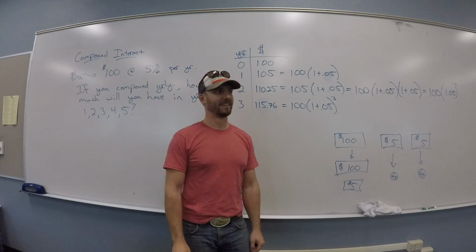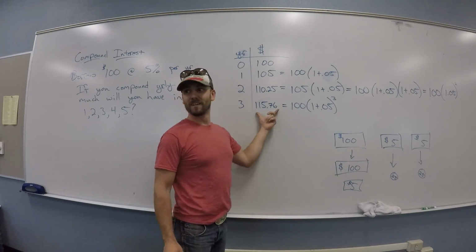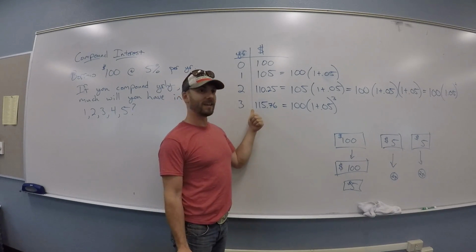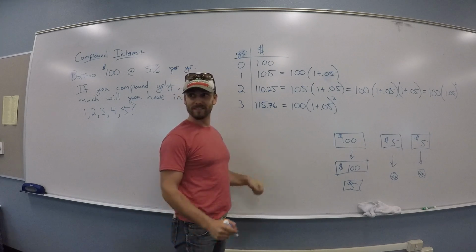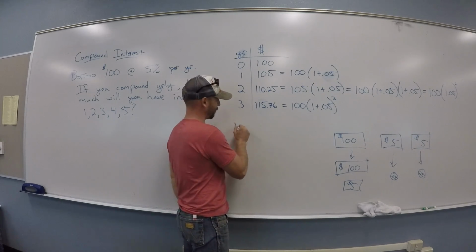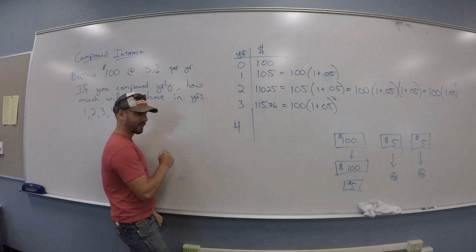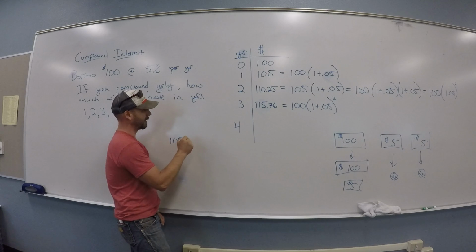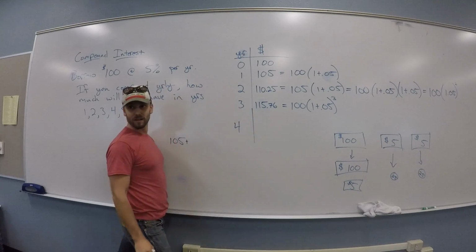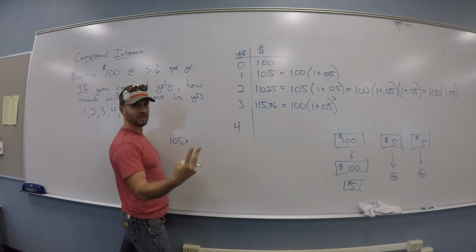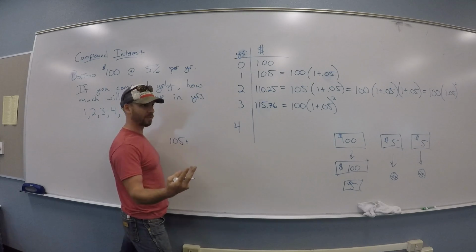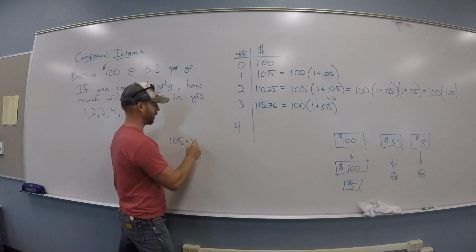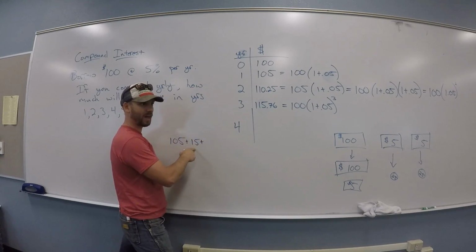So here, you have a $100 bill, and that's going to get you $105. If I'm calculating year 4 here, I'm thinking, okay, the $100 bill is going to give me 105. And then, how many $5 bills are in there? You got 3 of them, so you're going to get 3 more quarters. You see that? So you got your 105, you got your $15 that you had, you get to keep that.